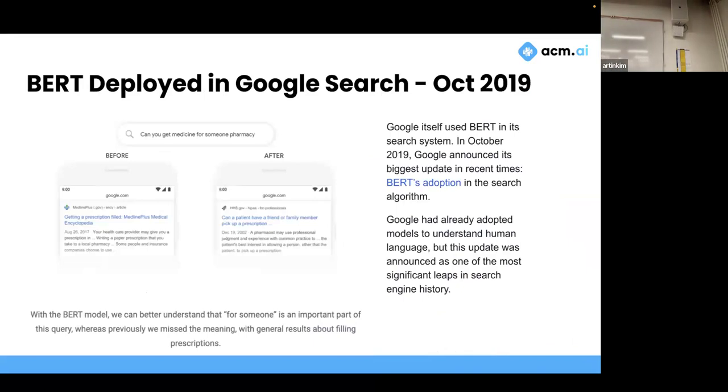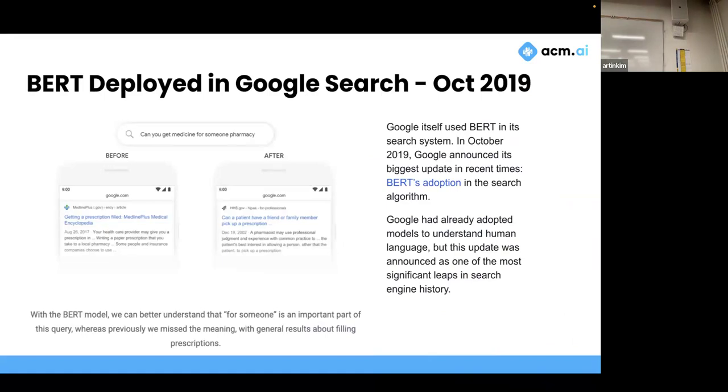If you used Google search before October 2019, you might have had results that were literally like this. Let's say you Google, can you get medicine for someone's pharmacy, right? I think it would probably just do word matching or something. It would say, okay, they want medicine and they want pharmacy.